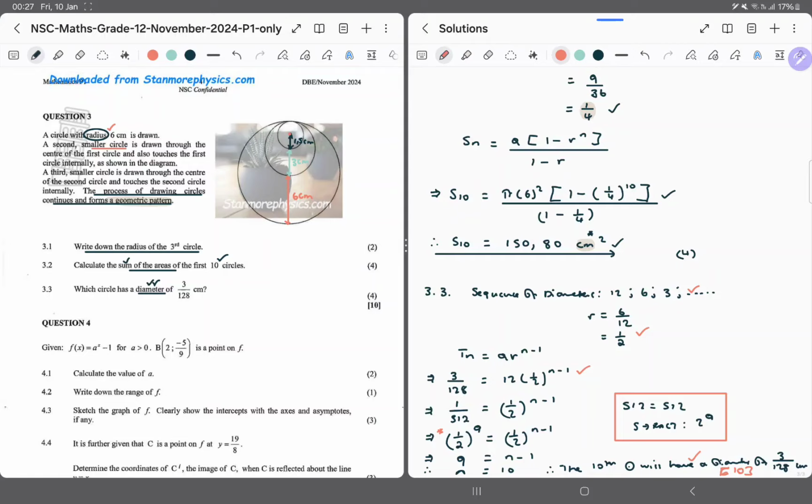But if you're already feeling comfortable, you're one of the matriculants of last year and maybe beyond last year in the past, and now you want to upgrade maybe in the May-June exams, this is the best time to start looking into these things. And if you are looking to upgrade maybe in November, which is the best time by the way, then of course you start this whole thing very early and make sure it's on point.